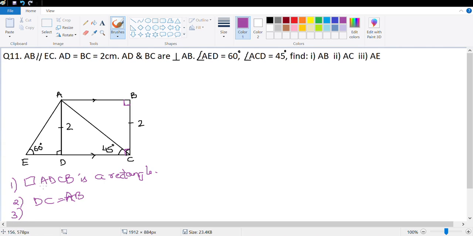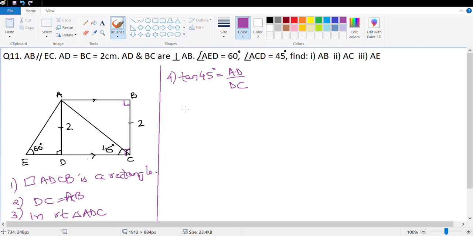Next, let's look at right triangle ADC. In right triangle ADC, the reference angle is 45. This is perpendicular, this is adjacent, which means tan 45 degree would be equal to AD upon DC.